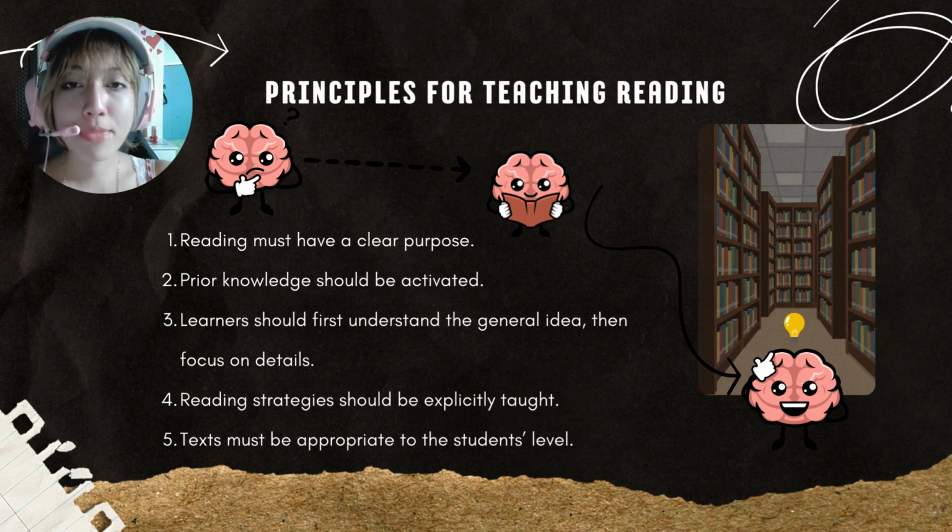Third, students should first understand the general idea of the text and then focus on details. Another important principle is that reading strategies should be taught explicitly. Finally, the text used in class must be appropriate for the student's language level.